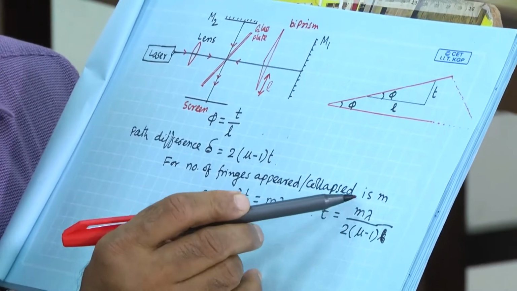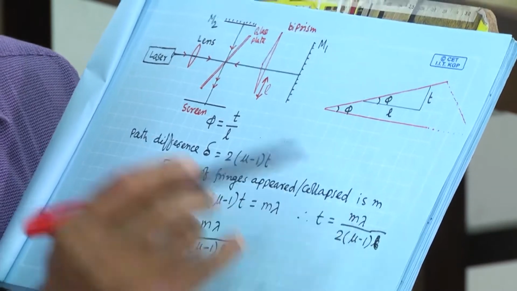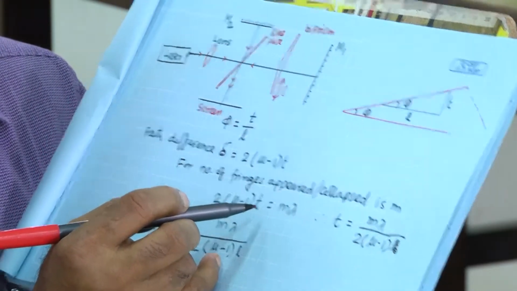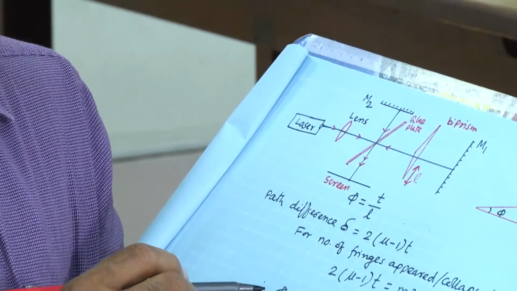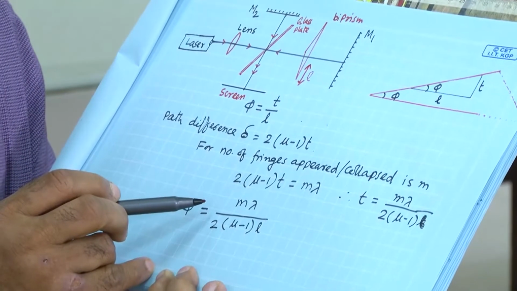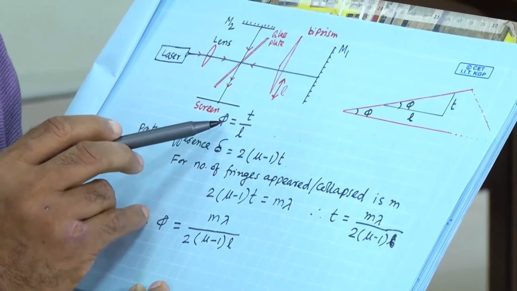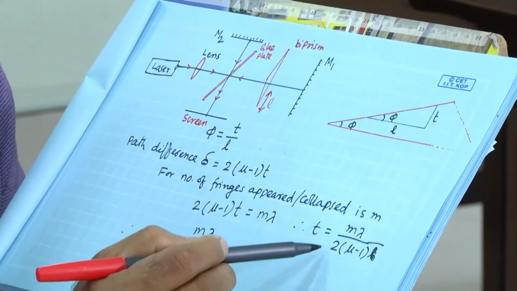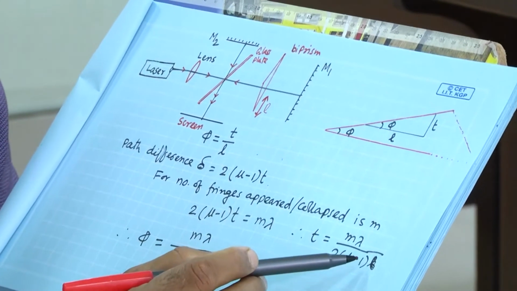So experimentally m we will know, L also we will know. So phi will be T by L. From this relation T is m lambda by 2(mu minus 1).